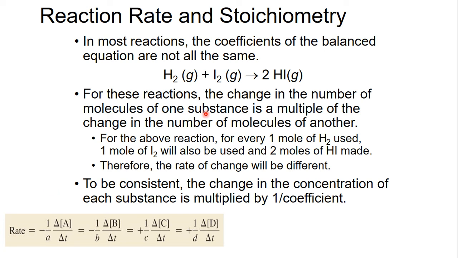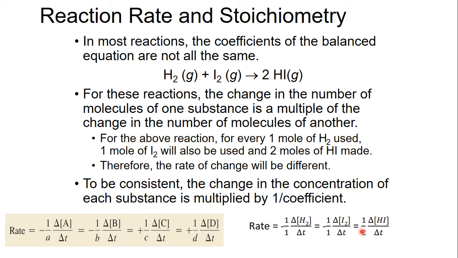So let's take a look at this for our example reaction up here. We have rate is negative 1 over 1 because the coefficient of H2 is 1, change in the H2 over some change of time, that's negative because we're losing it. That's also equal to negative 1 over 1, coefficient for I2 is 1, change in the amount of I2 over change in time, that's negative because we're losing it.